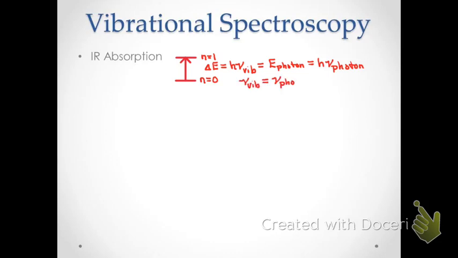Now, this of course means that according to the harmonic oscillator approximation, the frequency of the vibration is equal to the frequency of the photon, and this happens to correspond to the infrared region of the electromagnetic spectrum. So again, when you're doing an infrared spectrum, you are probing vibrational transitions within the molecule.